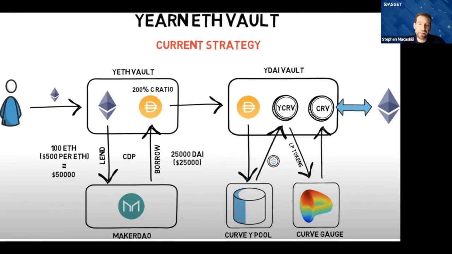For example, if the ETH price starts dropping, the smart contract would need more ETH as collateral to maintain those loans. If more ETH is not deposited, then that contract can liquidate the ETH. So there are some risks involved in some of these vaults, especially when you start building the strategies on top of each other.